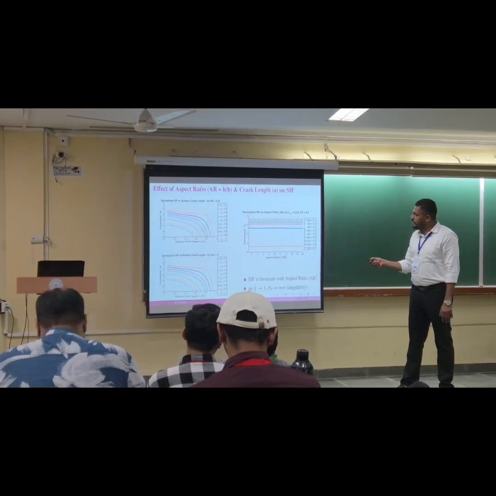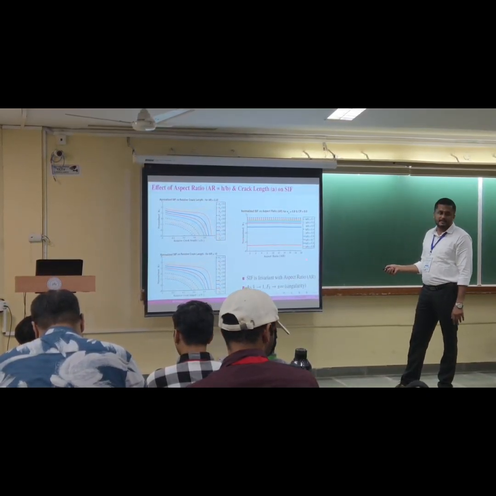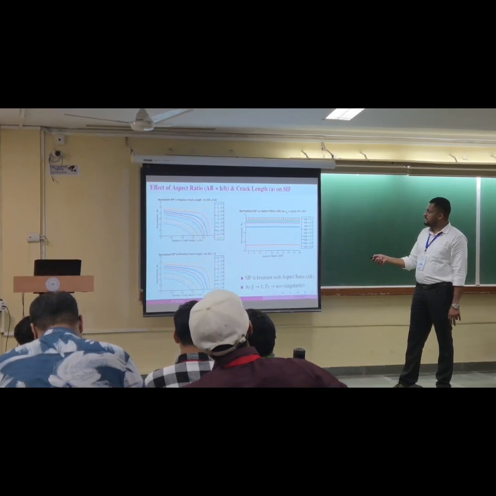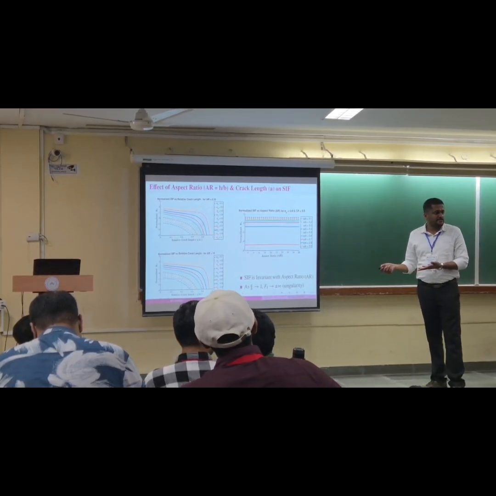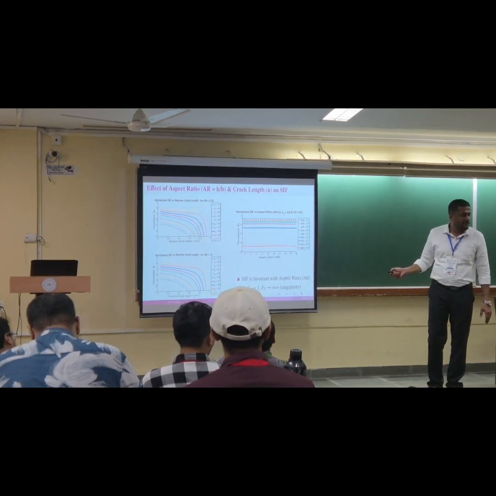So we plotted the variation of SIF with respect to aspect ratio from 0 to 20, and it's a straight line, which shows that SIF is invariant of aspect ratio.